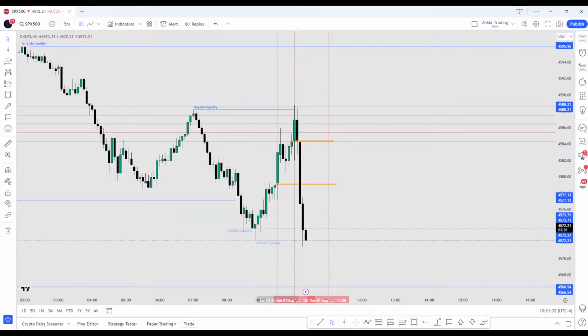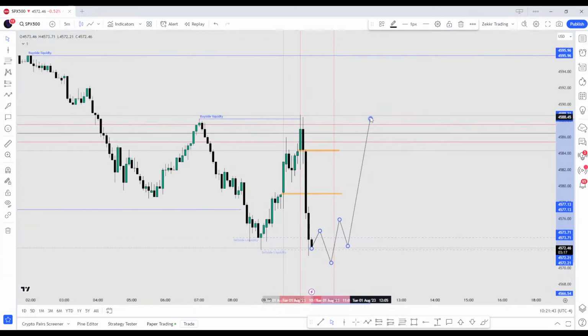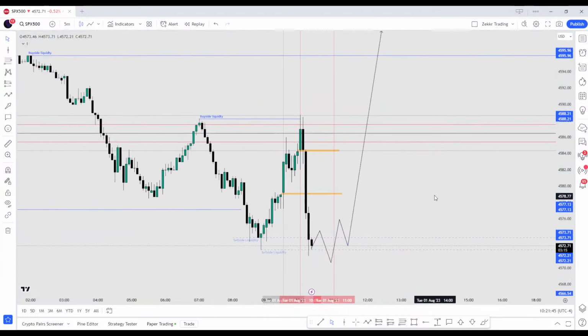I'm still just waiting for my setup, which would be a high, break-in, retracement, catapult.